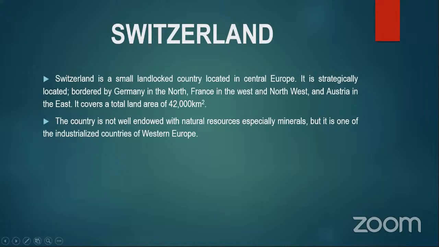When we talk about natural resources, we are referring to things like minerals, but it is one of the industrialized countries in Western Europe. If you can remember, we said these people have high technology and they produce goods of high quality. So though Switzerland is not well endowed with natural resources, it is highly industrialized.